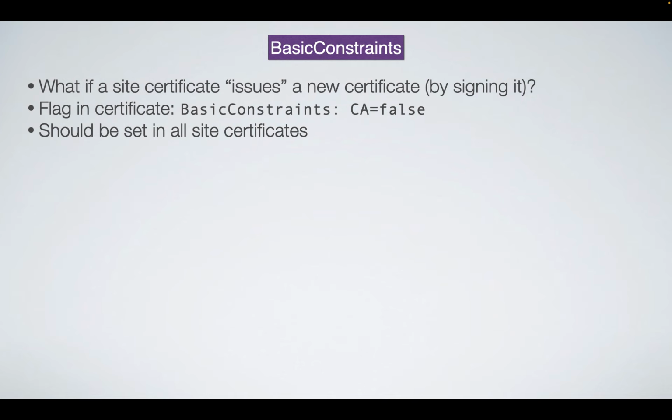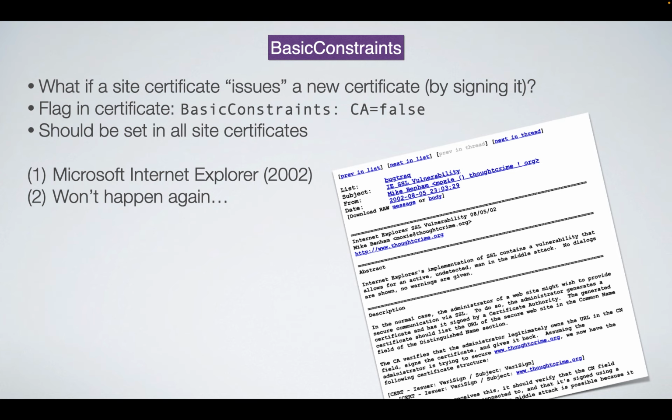Okay, and then at the very end of last class, I also mentioned this basic constraints field. So a CA certificate should have this set to true. A site certificate should have it set to false. And the problem was that a bunch of people weren't checking this field. They were just ignoring it. It's kind of obscure, sort of buried in the middle of the certificate. So in 2002, there was a problem with Internet Explorer, and everyone said, we'll never do it again.